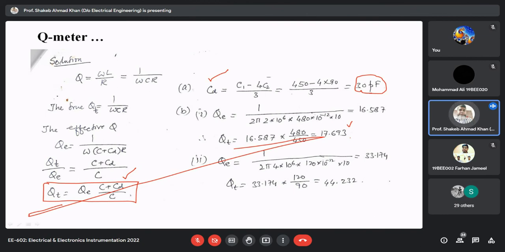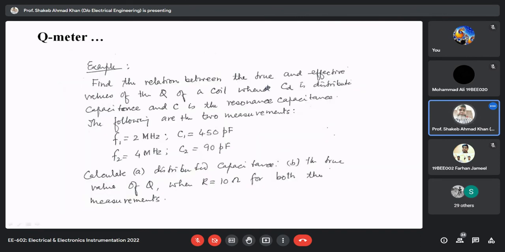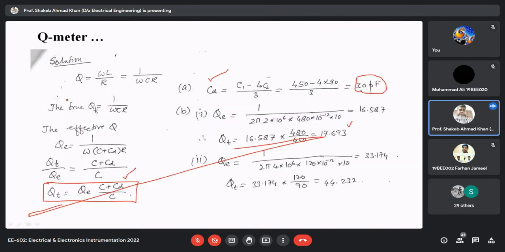Obviously Q factor is frequency dependent, so generally we speak about the frequency also. Similarly, in the second case, we have two readings: the measured one is 33.774 and the true value is 44.232. So this is the way we can take care of the effect of distribution capacitance on the measured value of the Q factor in a Q meter.